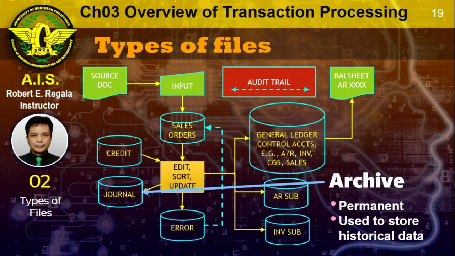Archive files include journals, prior period payroll information, lists of former employees, records of accounts written off, and prior period ledgers. In our example, the sales journal is an archive file containing the current and past sales order transactions.